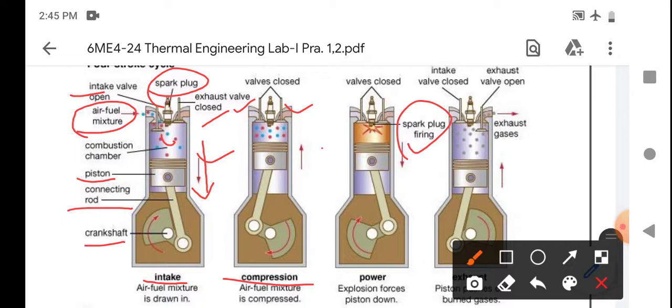This spark generates an explosion in the cylinder. All the air fuel mixture is burned, and now the piston moves in the downward direction. That is the power stroke or ignition stroke.